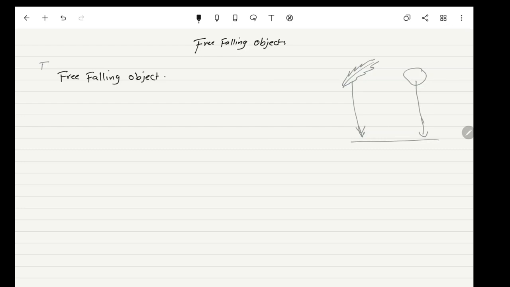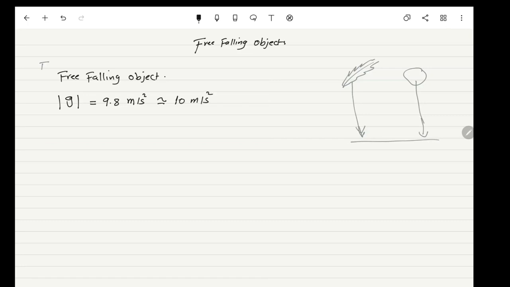Remember, it's free, with no constraints on that object whatsoever. Since the acceleration is constant, this acceleration is the gravity acceleration, equal to g, and the magnitude of this g is 9.8 meters per second squared, and sometimes we just approximate this to 10 meters per second squared.